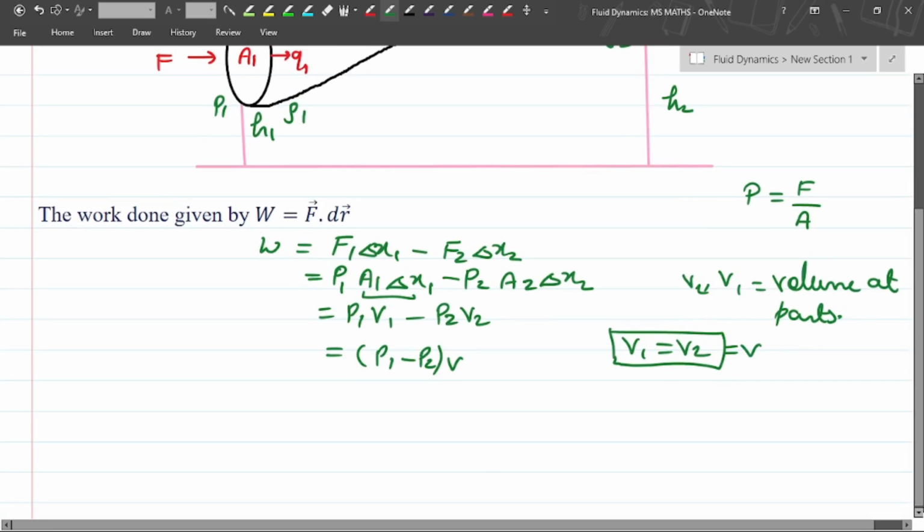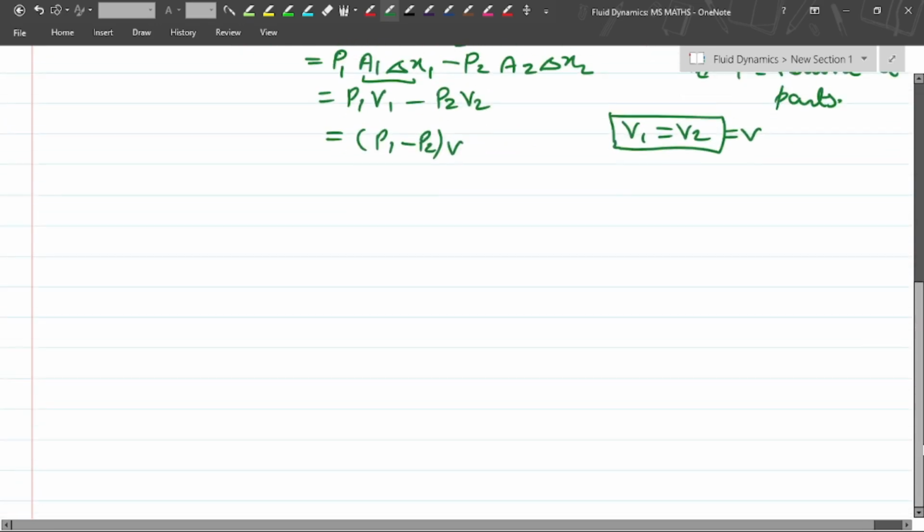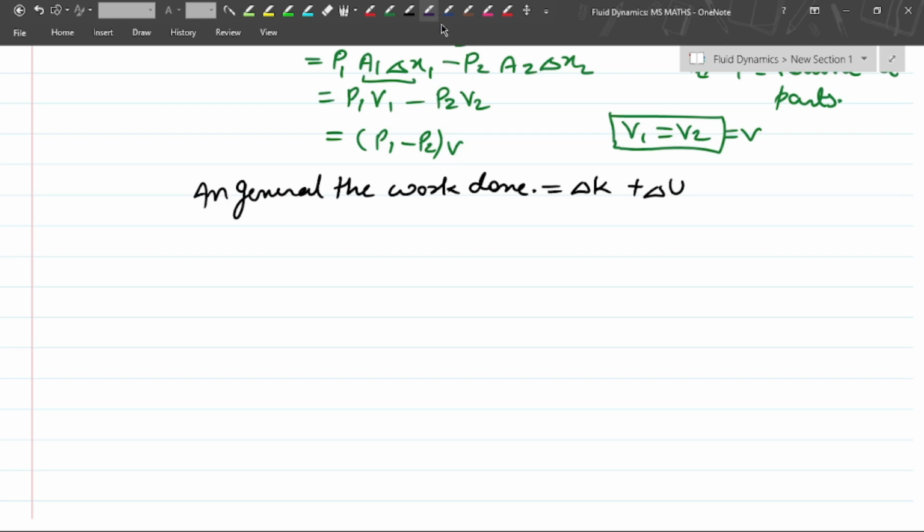In general, the work done is basically the sum of the kinetic energy and the potential energy; these are the two energies.